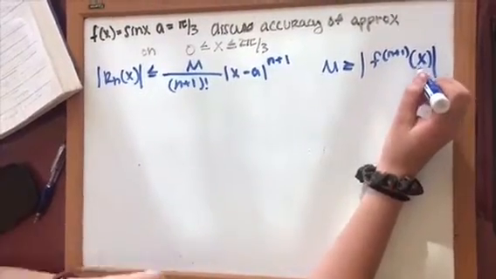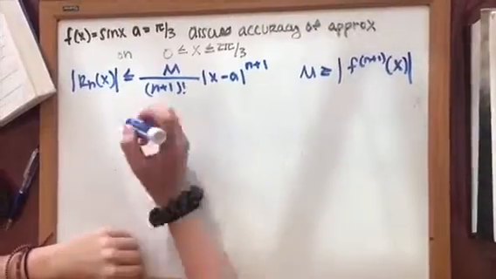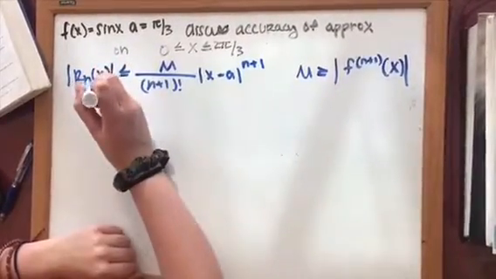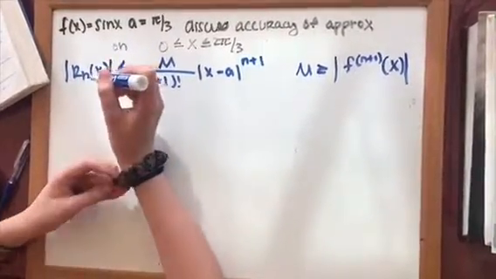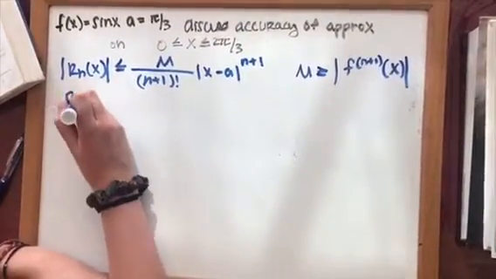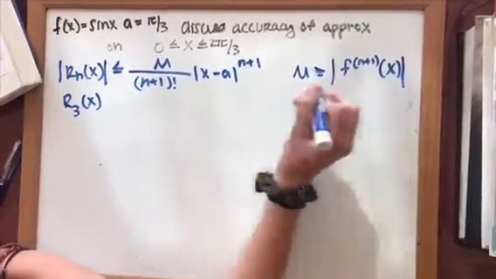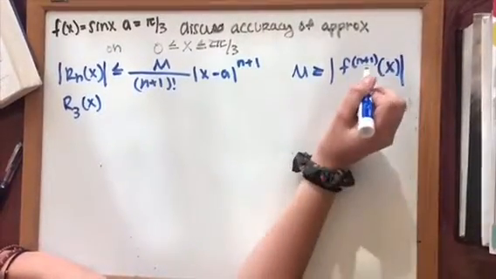So in order to do that, we're dealing with n equals 3, because if you remember from the last part of the problem, we found the third degree polynomial. So we're going to be dealing with R sub 3 of x. So we're looking for the n plus 1th derivative. So we're looking for the 4th derivative.